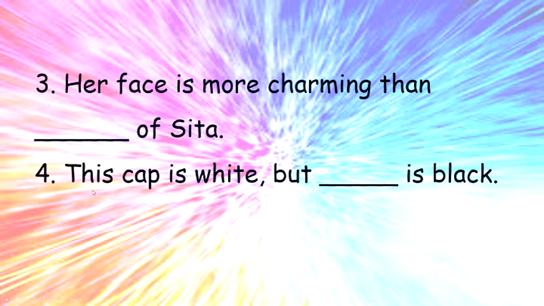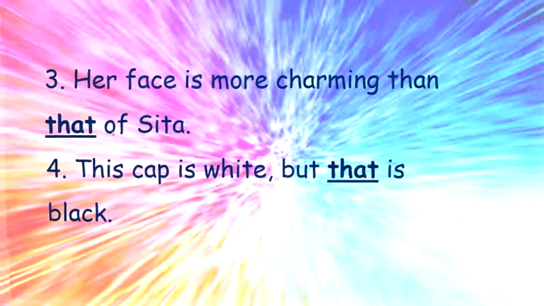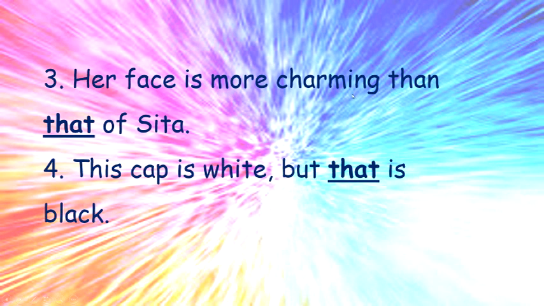So what will be the opposite of this when you contrast or you compare the two objects? I'm sure you must have got your answers. So let us see. Her face is more charming than that of Sita. This cap is white, but that is black.